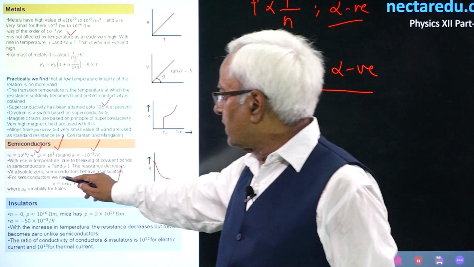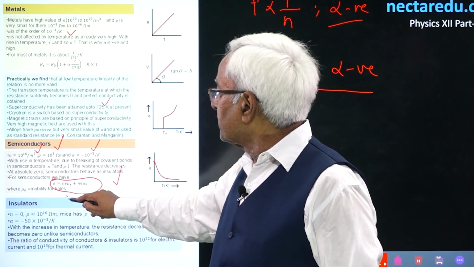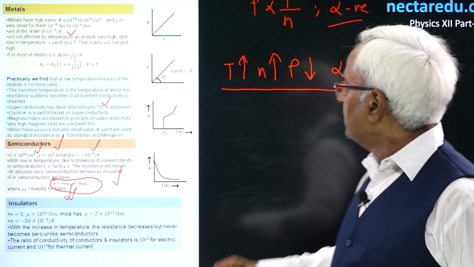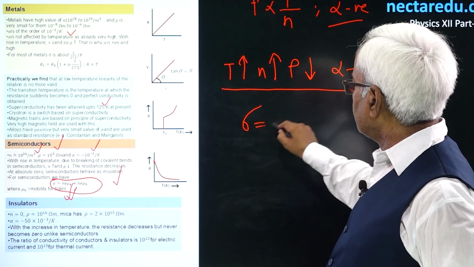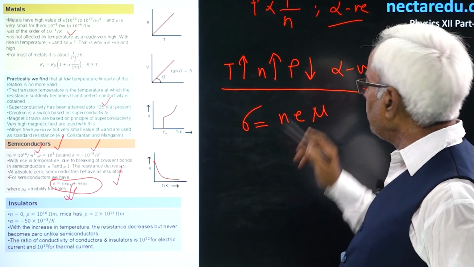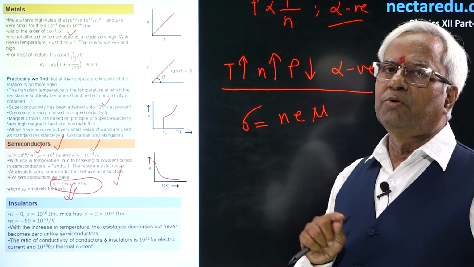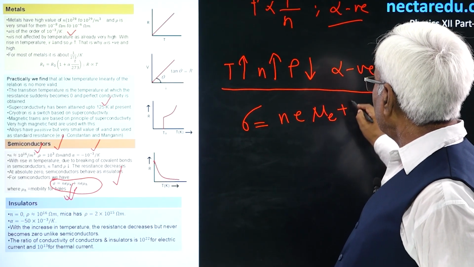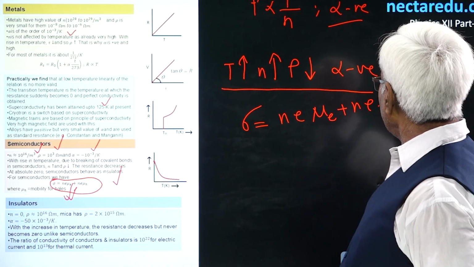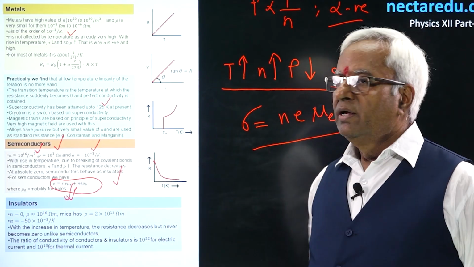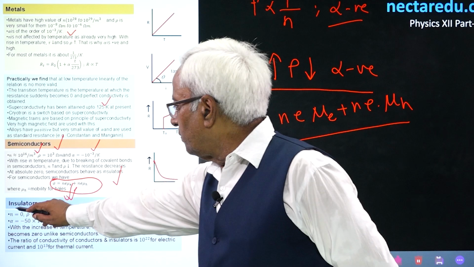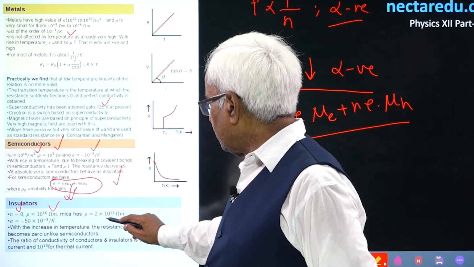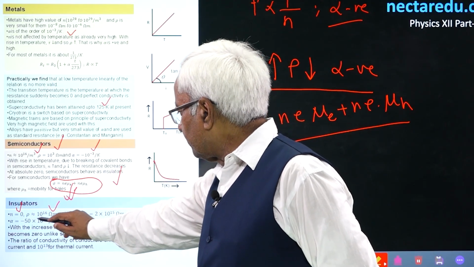So for conductivity, we use the relation sigma equals N e mu. It was basically for metals, where mu was the mobility of electrons, but now it applies to electrons and again to holes.